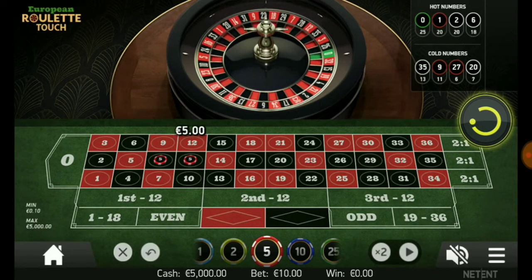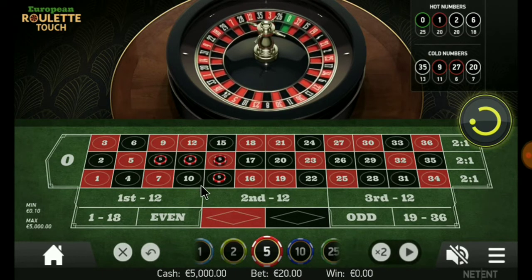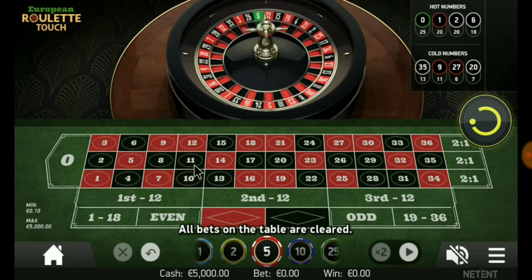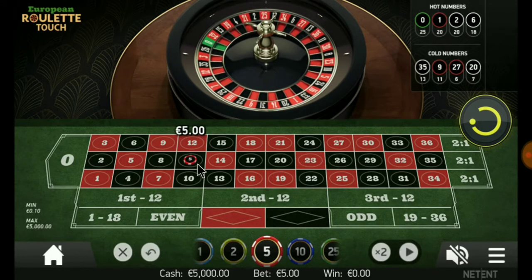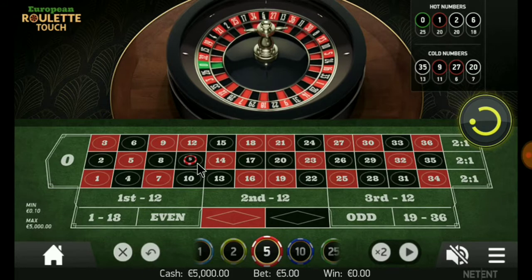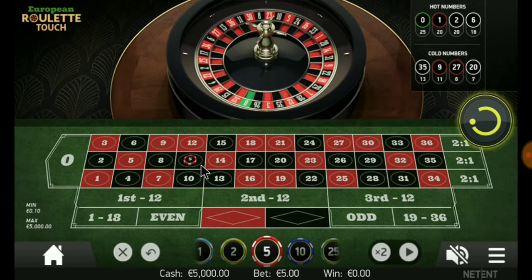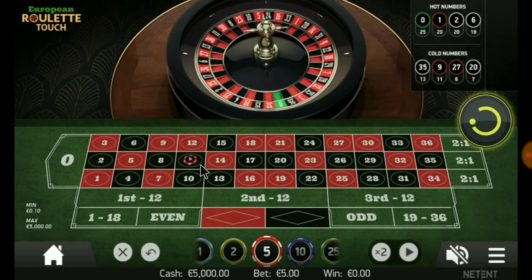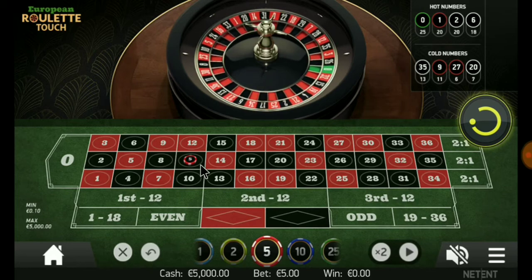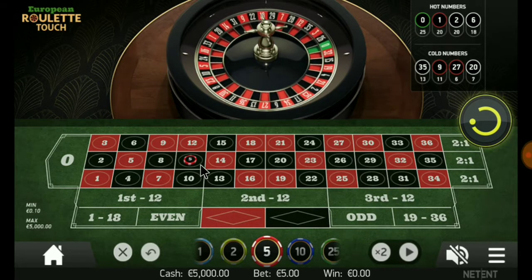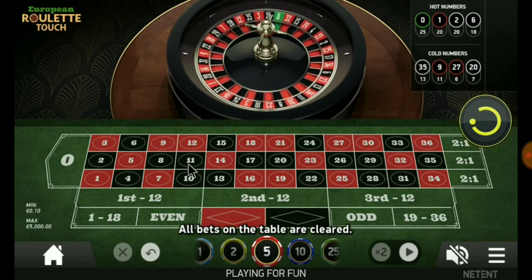If you place it on 11, and you spin the wheel, and the ball lands on the slot for 11, the payout is 35 to 1. That means if you put 100 euros, you would get 3,500. So that's how the payouts are.